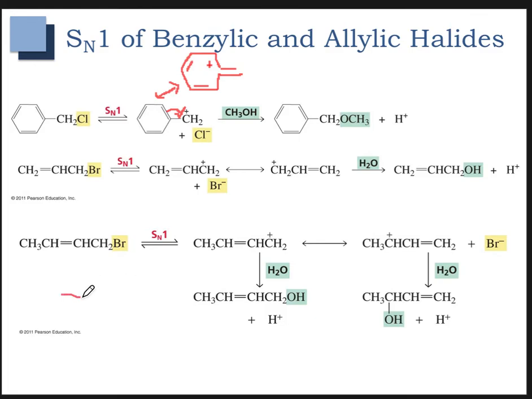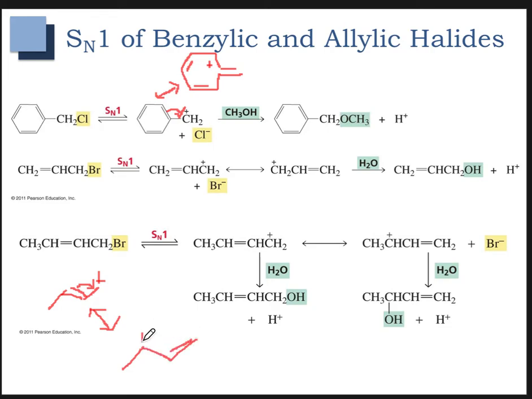In fact, let me draw that out really fast. So here's how you would draw your resonance structure. Sorry for the mess. The pen is not the cleanest way to do this.